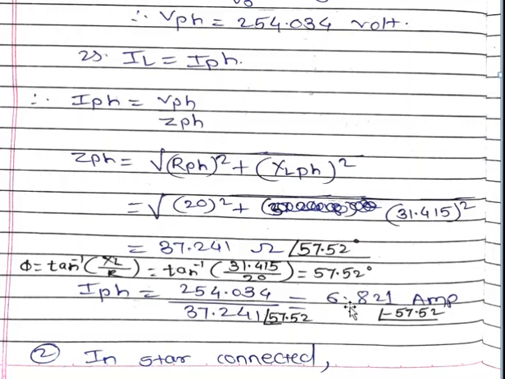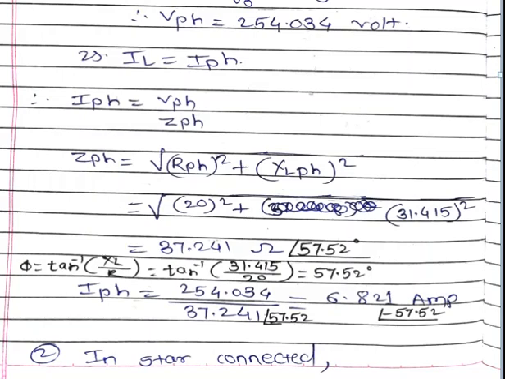The answer of this division is 6.821 ampere, and when we divide the angles, the angle transfers from the denominator to the numerator and the angle is minus. Now the answer is 6.821 at an angle minus 57.52 degree.